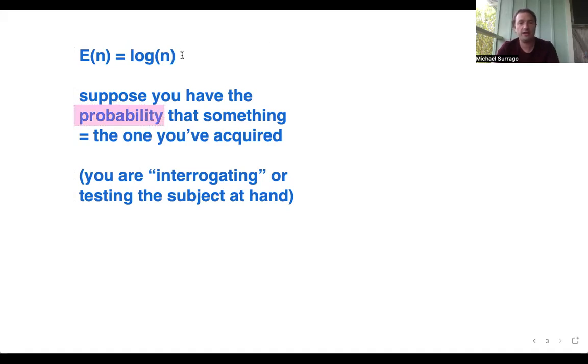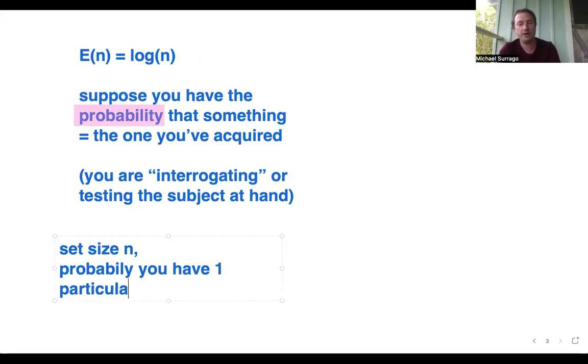So just so you all understand it, if you have a set size of n, then the probability you have one particular element is the reciprocal of that, 1 over n. And if you flip, it's just a property of exponents that this is equal to the negative of the log of 1 over n.